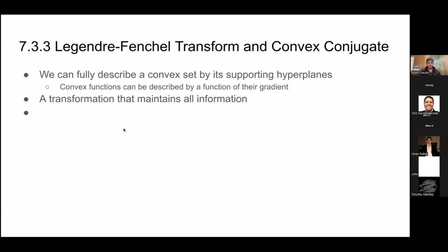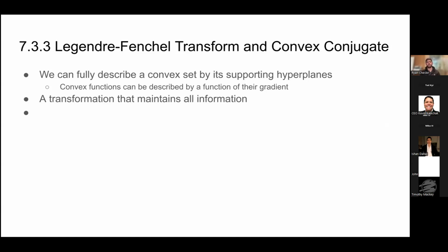This is the section where I was researching it and trying to understand, but I don't know that I fully get it. One of the things they were saying with this section was basically you can take these convex sets and describe them with essentially the gradient and some intercept.